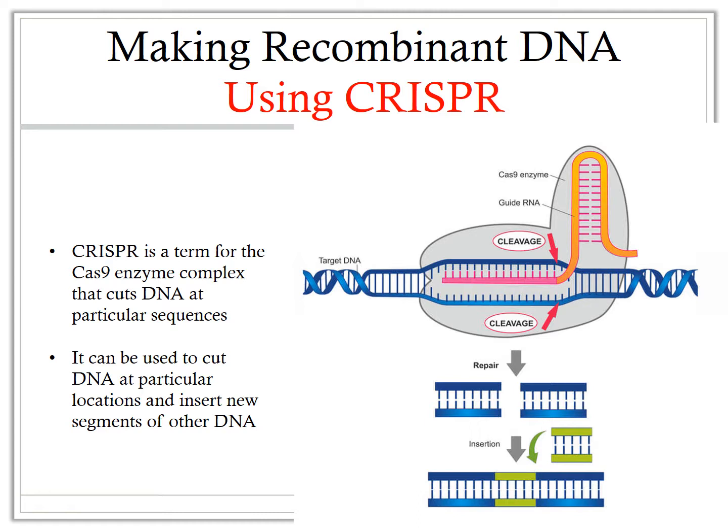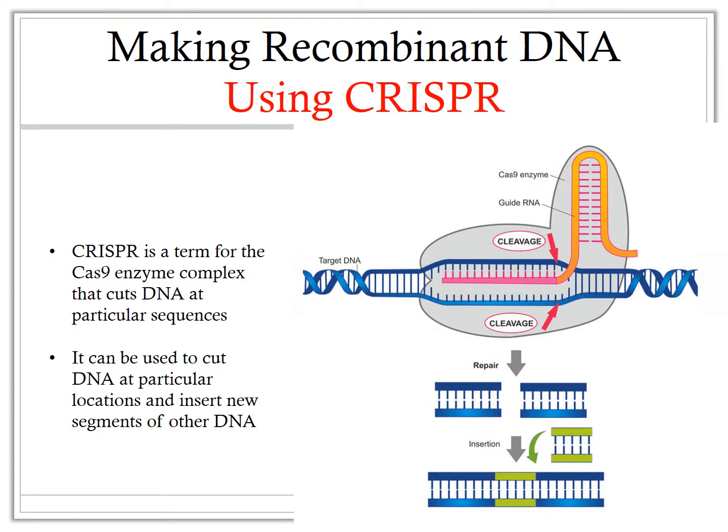Basically, this molecule is able to cut DNA at particular sequences, and after it has cut DNA at particular locations, it then inserts new segments of other DNA. And so again, this complex here was discovered from bacteria.